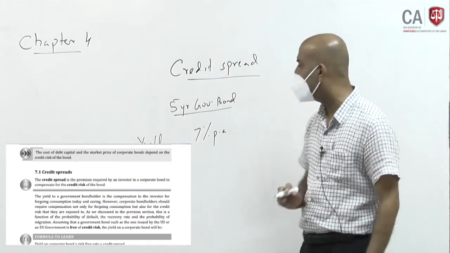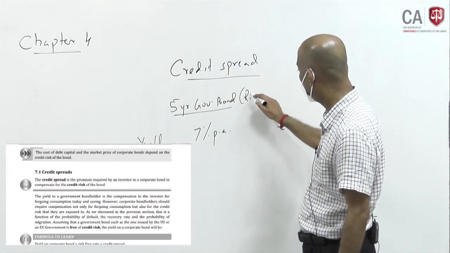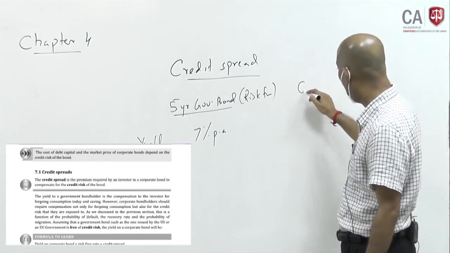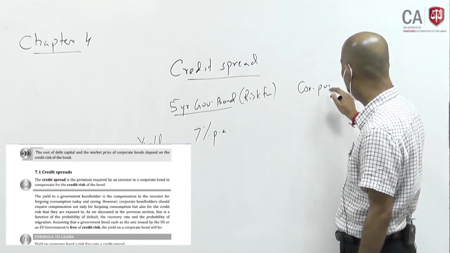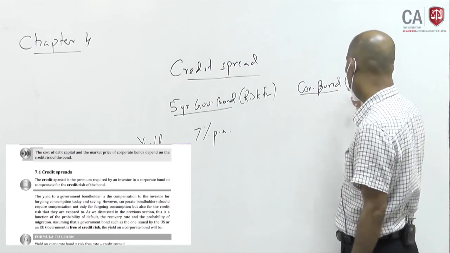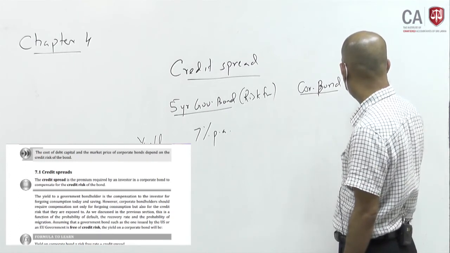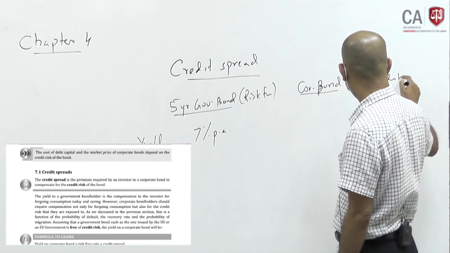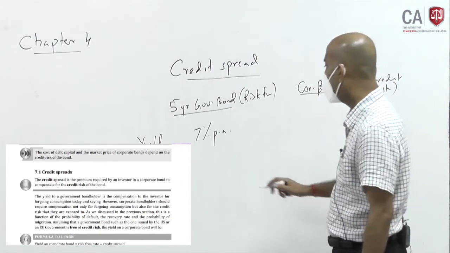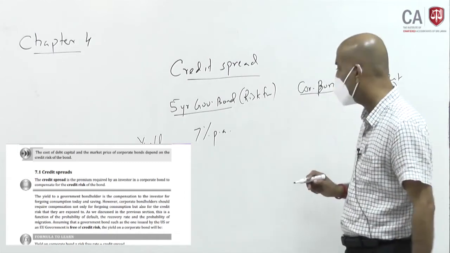As I mentioned, a government bond is risk free. Then consider corporate bonds, private sector. A corporate bond actually comes with credit risk. For a 5-year corporate bond, how much is going to be the yield?